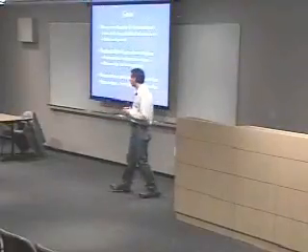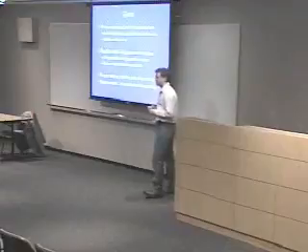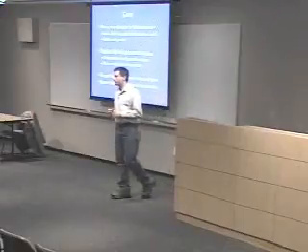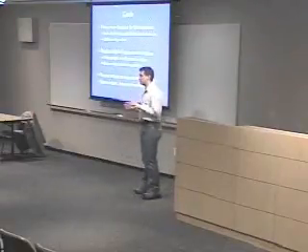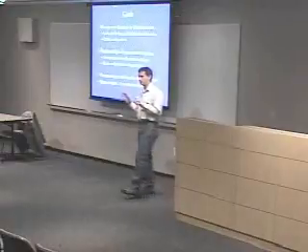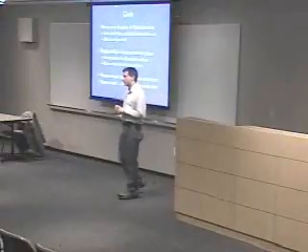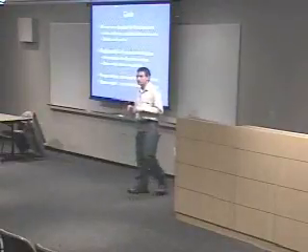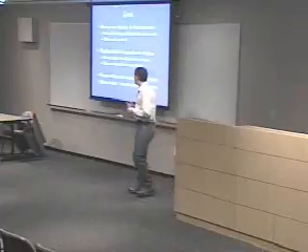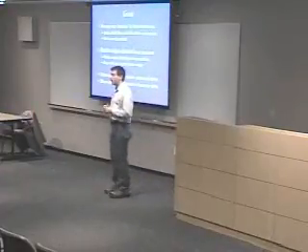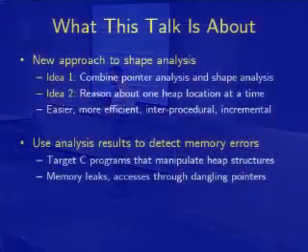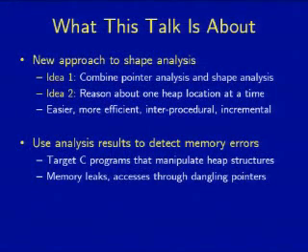In other words, you may get a system that is both efficient and precise. Of course, the question is how you put together shape analysis with pointer analysis. It turns out that when we started working on this problem and tried to combine the two, we actually ended up with a new algorithm and a new approach for shape analysis.